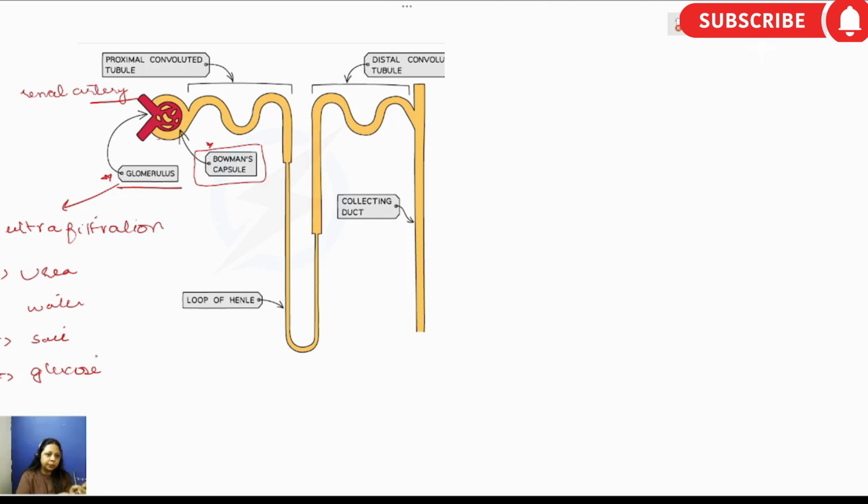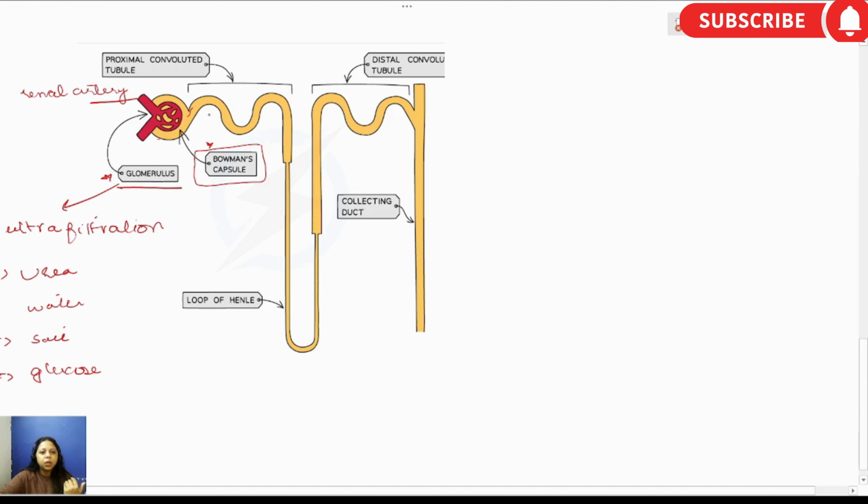They cannot enter. When there is a separation between the bigger molecules and the smaller molecules, this is known as ultrafiltration.